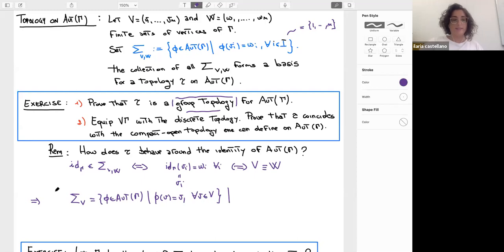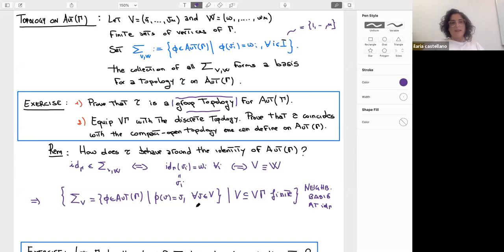If I let these neighborhoods run over all possible finite subsets of vertices, I get a neighborhood basis at the identity in Aut of gamma.